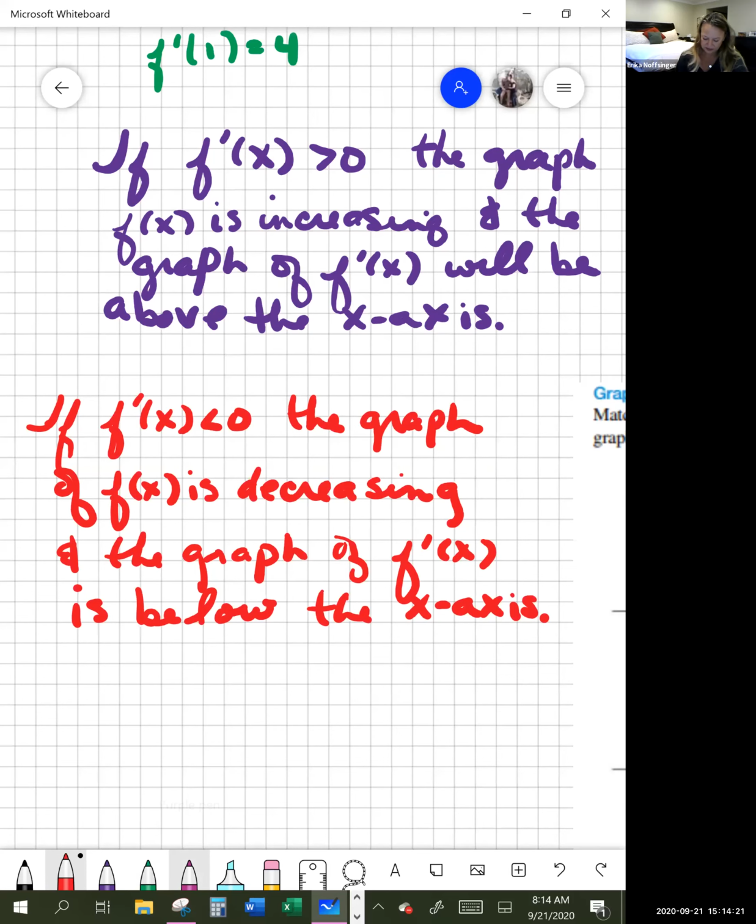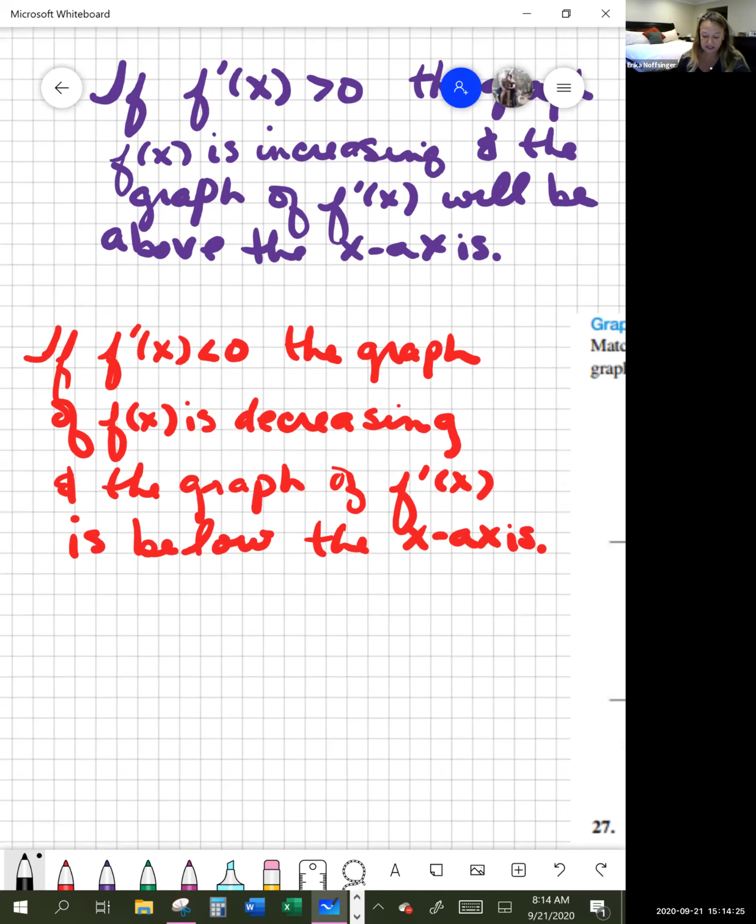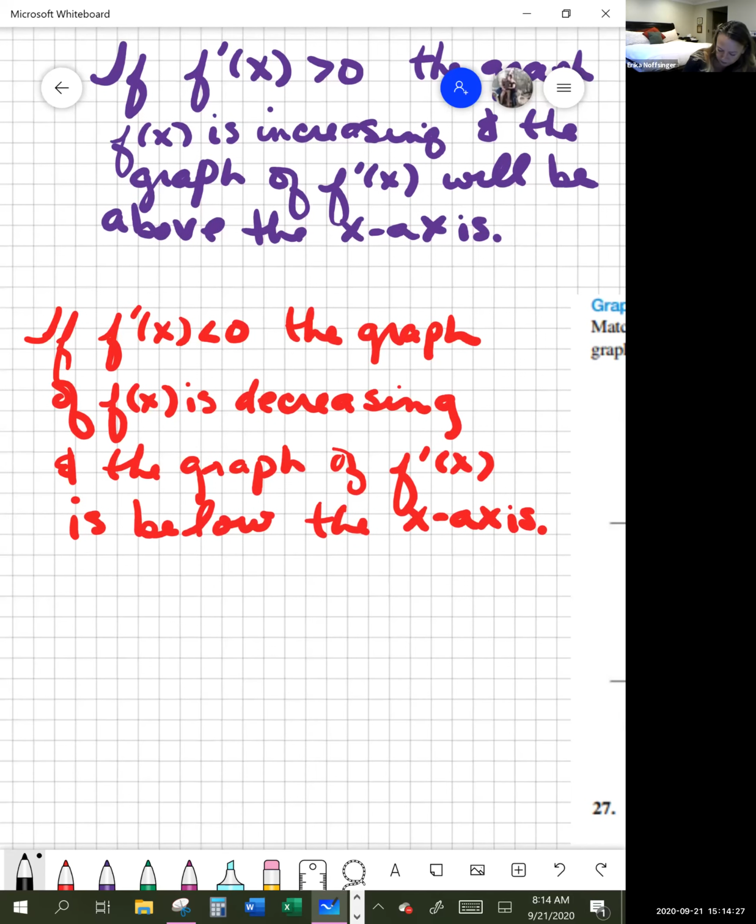And then another one that's really helpful is when you find that your derivative is 0. Well, when your derivative is 0, that's telling you that the slope is 0, and the slope is 0 of a horizontal line.